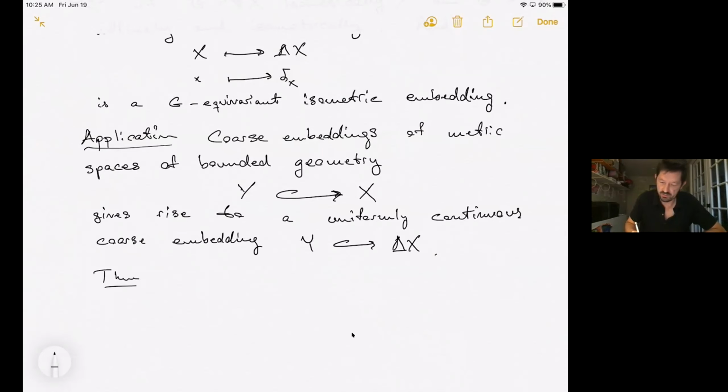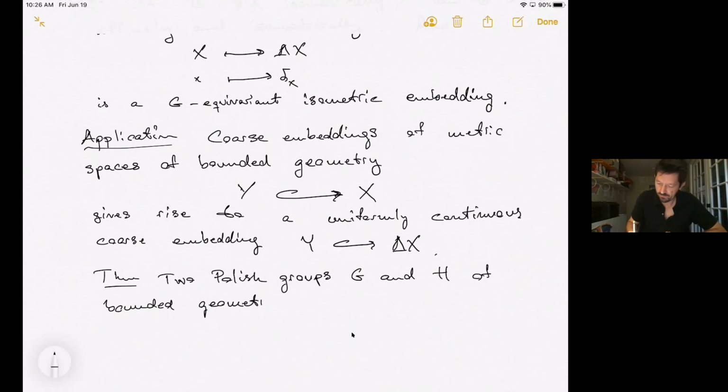If I have two Polish groups G and H of bounded geometry, where a Polish group is a topological group whose topology is Polish, so separable and completely metrizable, and bounded geometry, again, I won't go into the definition, then they are coarsely equivalent.